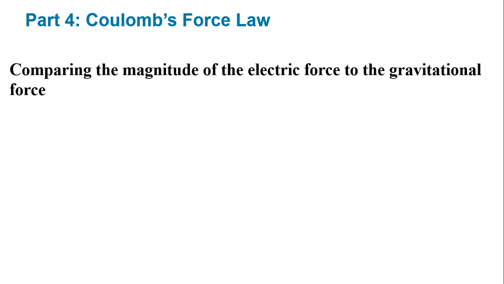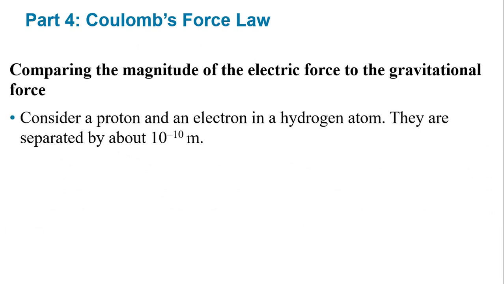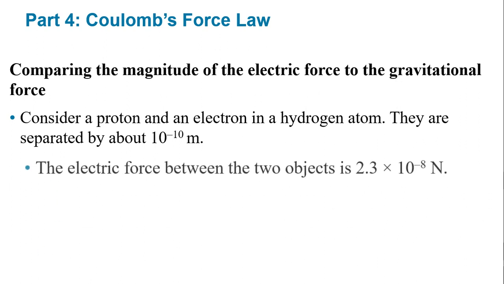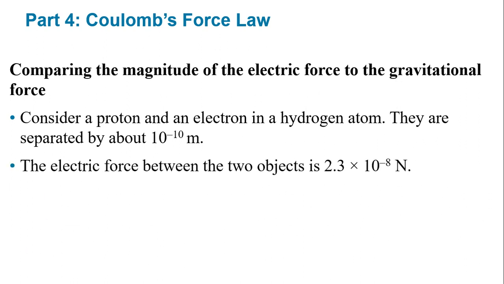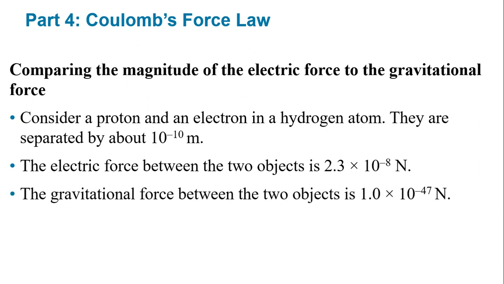All right, here, comparing the magnitude of electric force to the gravitational force. Obviously the equations are very similar looking, and you're going to see problems that are also similar. Consider a proton and electron in a hydrogen atom. They are separated by about 10 to the negative 10 meters. The electric force between the two objects is 2.3 times 10 to the negative 8 newtons. And the gravitational force between these two objects is 1 times 10 to the negative 47 newtons.